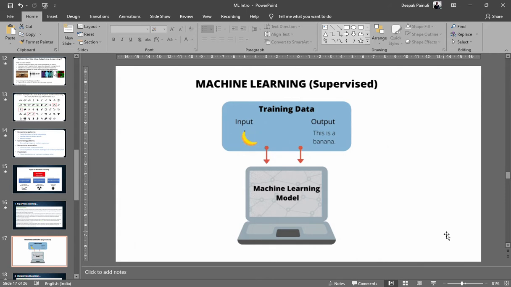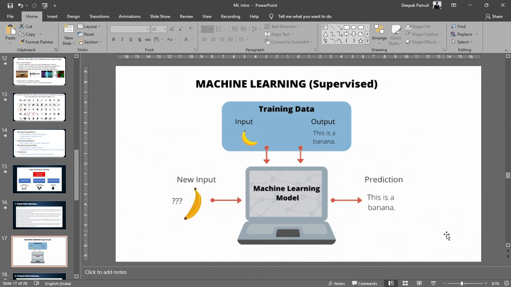In the same way, when it is trained and we give some unseen data, like a new shape or new image of banana, it will identify those inputs to the correct output.